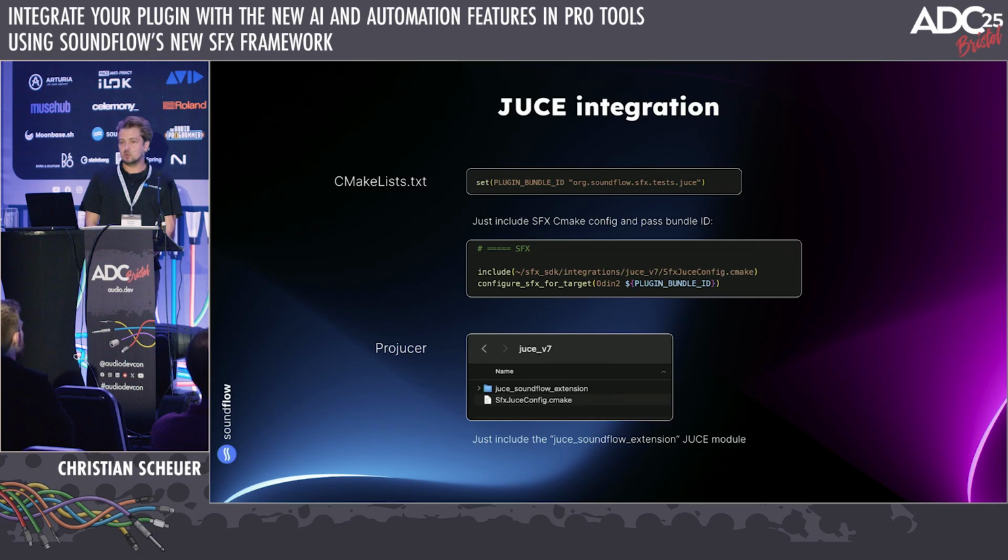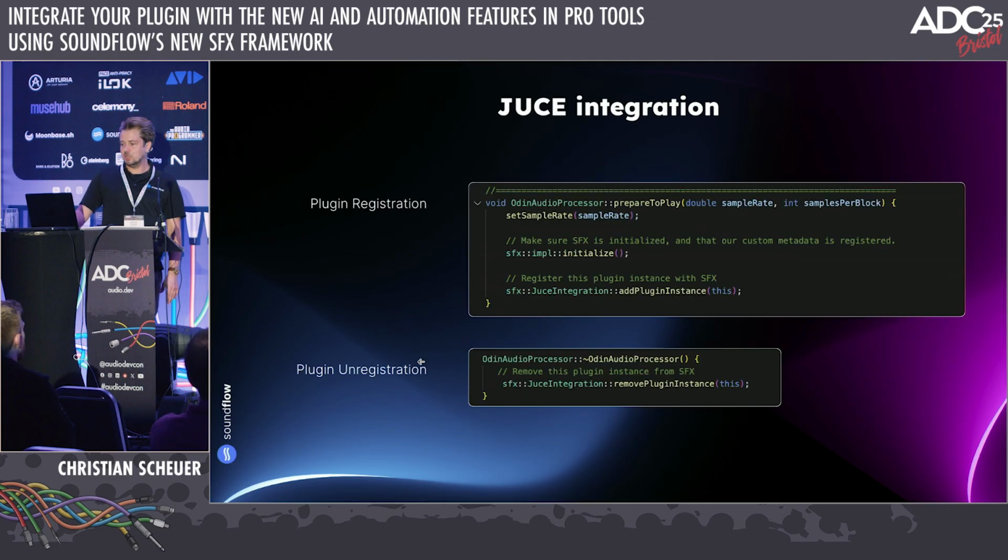SFX is a proprietary product, but we have examples available for JUCE and Qt that are open source, and basically you add a single definition here of the bundle ID to your CMake lists, and you include the CMake config file and add it to your target, and that's all you have to do in the CMake list. You can also include the module in the Projucer if you prefer using that.